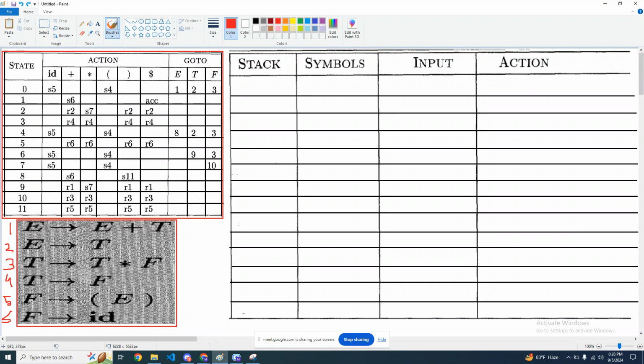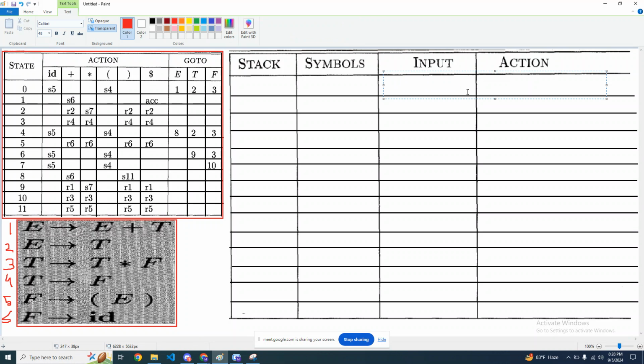So you will be given this table, you will be given this grammar with numbered production rules, and you will be asked to evaluate if this input is parsable by this parse table, right?